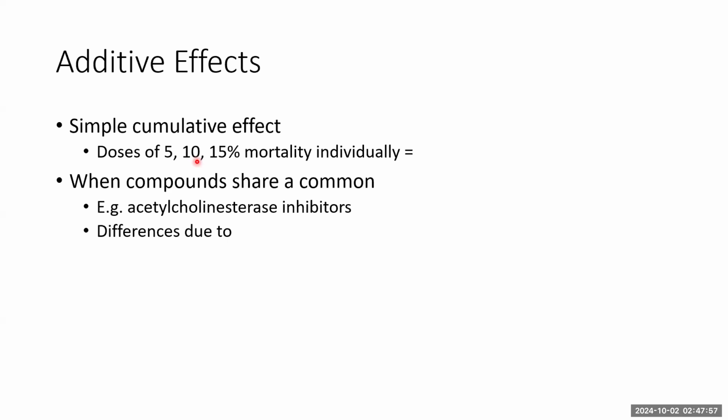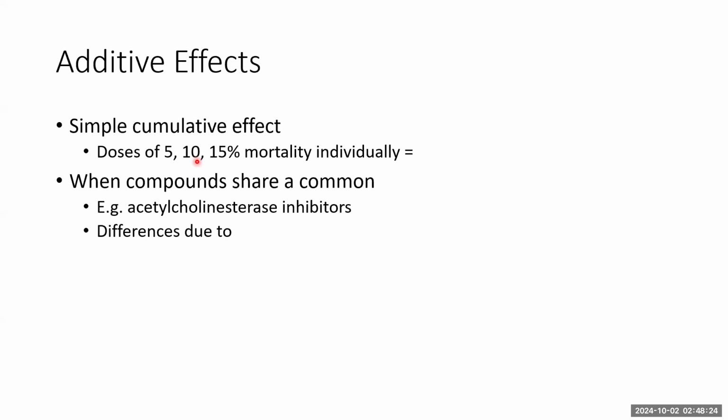So let's say we're just making a witch's brew of substance. So we add into this compound A with some concentration that gives us a lethal dose of 5%.